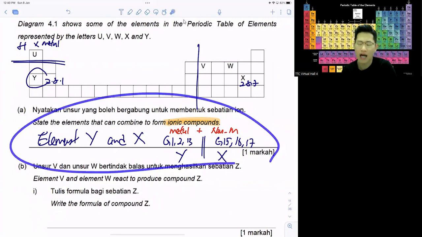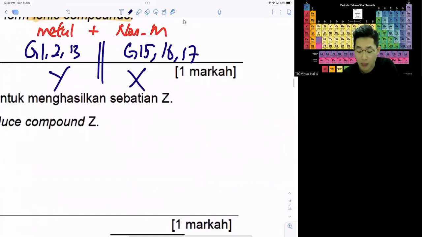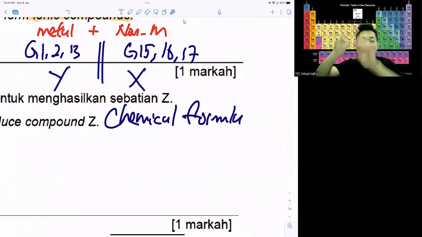And then, okay. After you know which elements are going to combine, the next question they like to ask you is the formula. So if Y and X combine, what is the formula? 不要 confuse chemical formula and chemical equation, they are different. Chemical equation is something like 那个长长的.